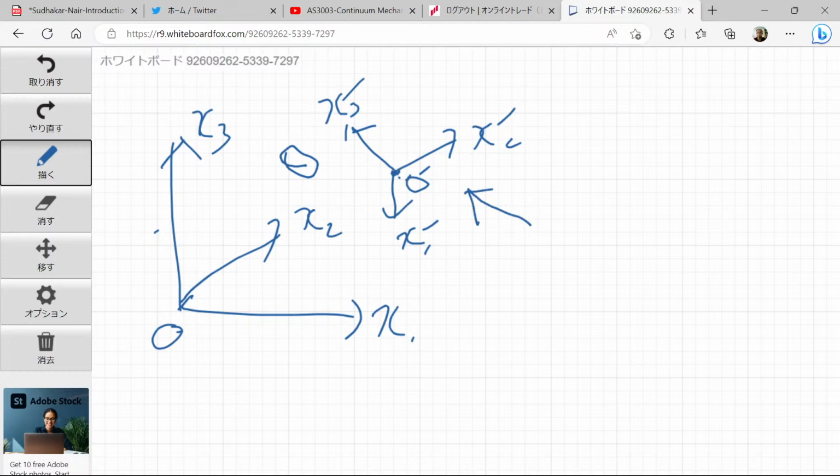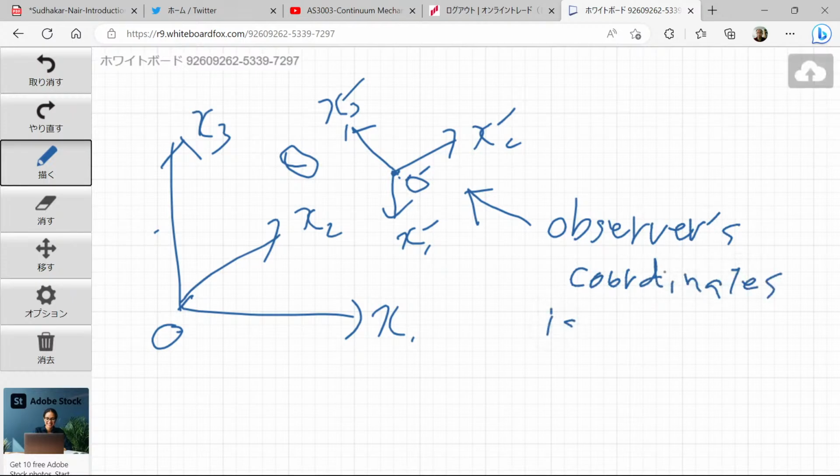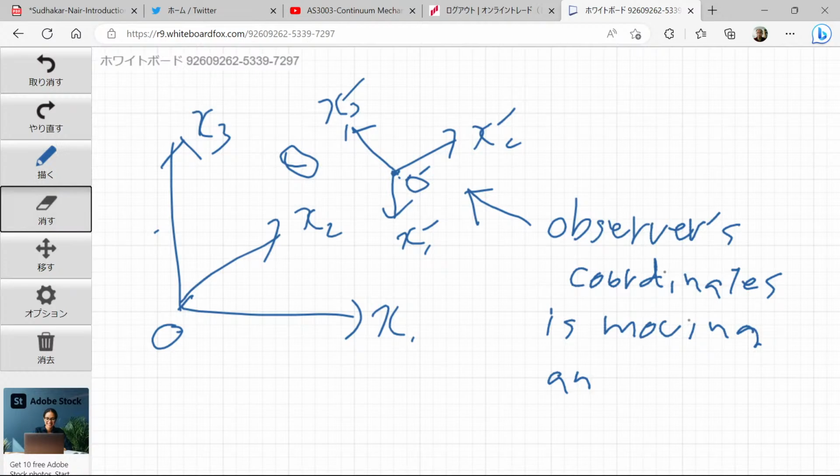The observer's coordinate is moving and moving according to b(t) and rotating.